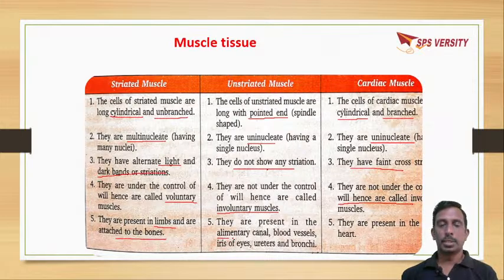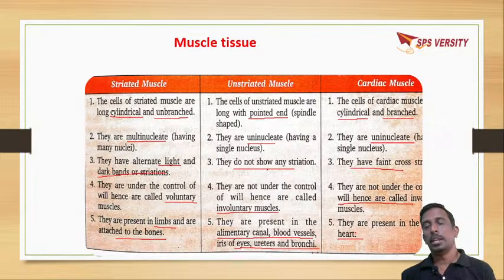Smooth muscles are present in the alimentary canal, blood vessels, iris of the eye, ureter, and bronchi. Cardiac muscles are associated with the heart and play an important role in its contraction and relaxation.